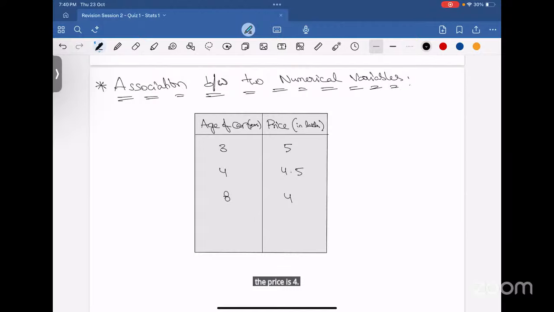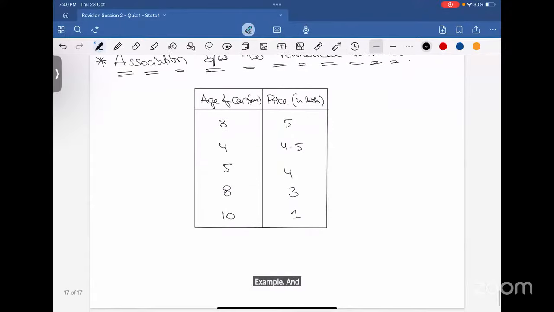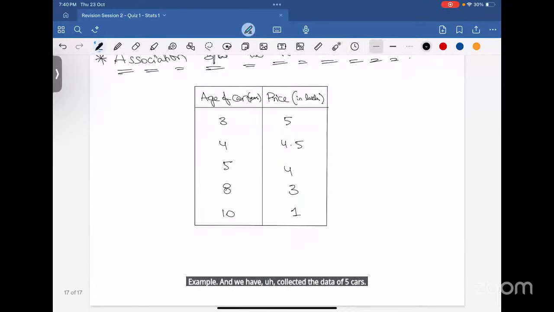Then 8 years old is 3, and 10 years old, let's say it is 1. So this is a rough example, and we have collected the data of 5 cars, their ages and their selling prices.